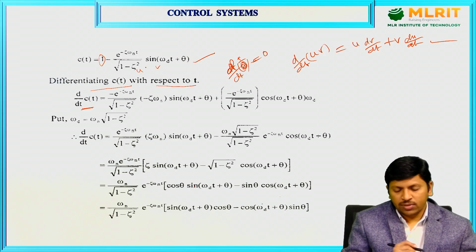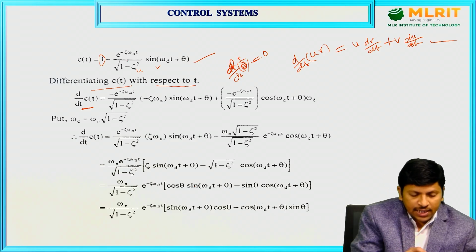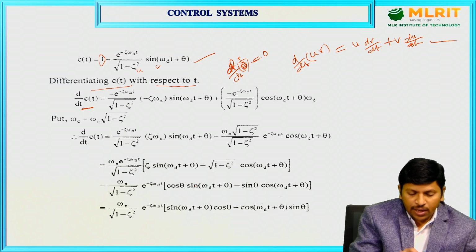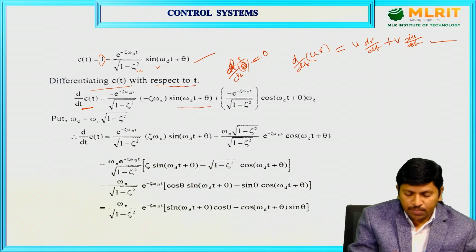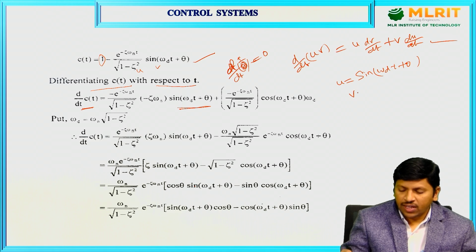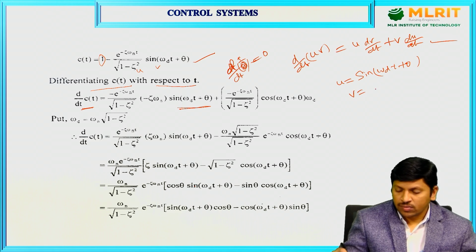For the two terms in uv form, I consider u equals to sine omega dt plus theta, and v equals to e power of minus zeta omega nt divided by under root 1 minus zeta square.